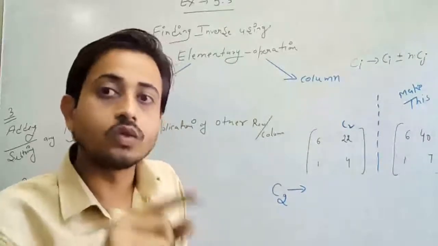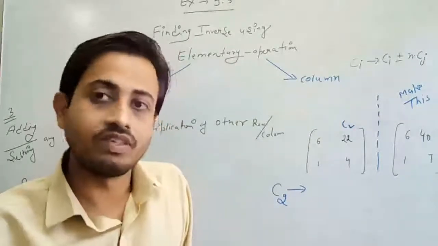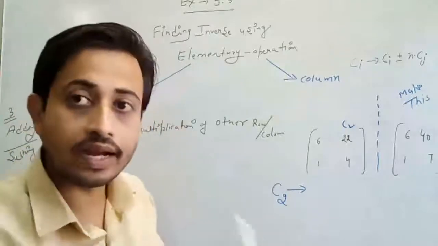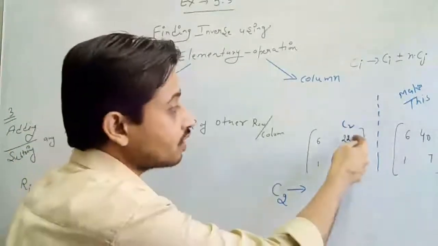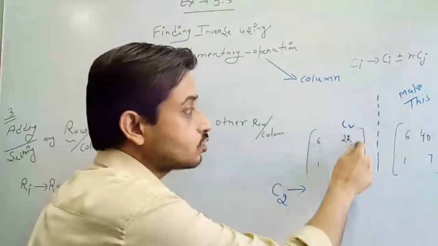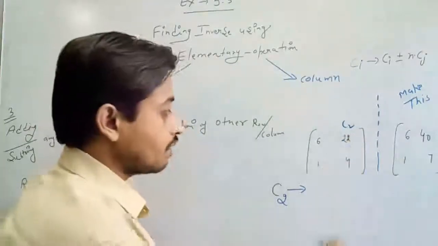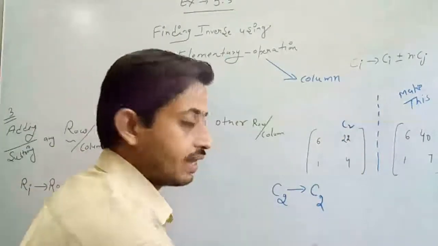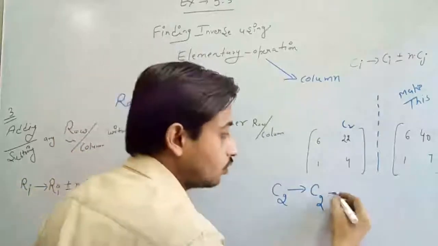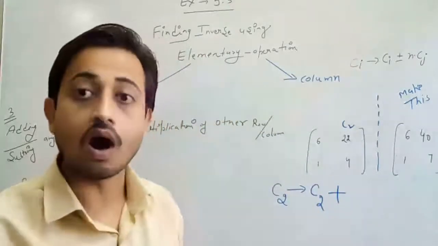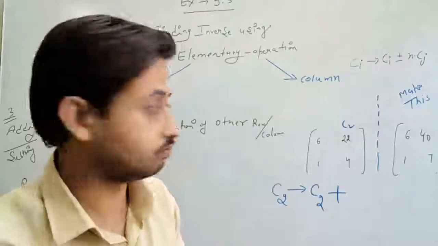If we add 22 plus 18, we get 40. It means we have to add to 22, and 22 is your C2 column. So I am applying C2 and I have to add. So C2 plus. Now how will we get 18?